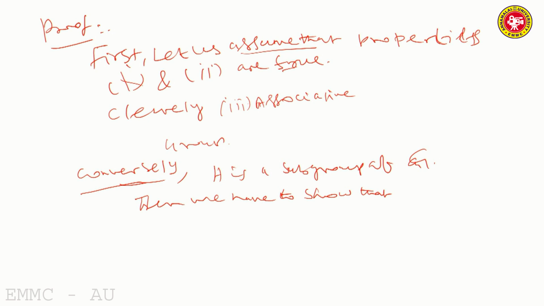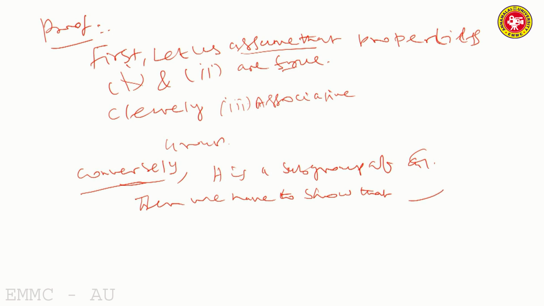To show that H is a subgroup, we have to show that the associative law holds in H and that an identity exists in this particular case.